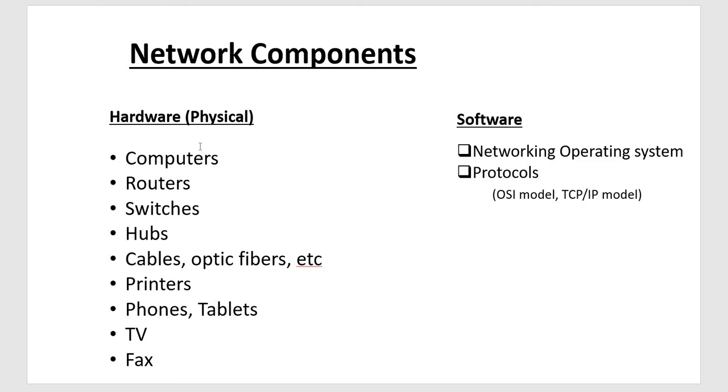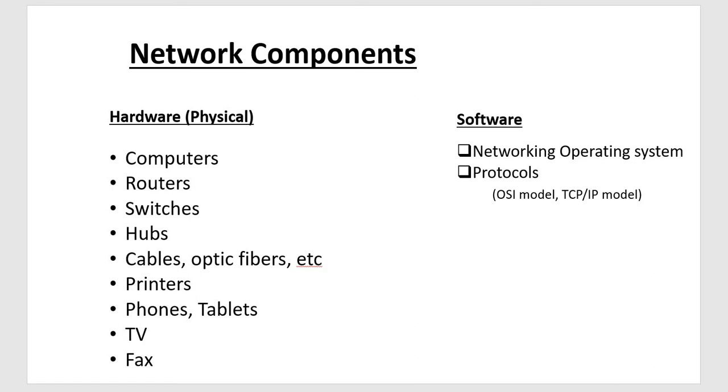And then you're going to have your software components, which are your networking operating system and your protocols. And the two main protocols are the OSI model and the TCP/IP model.